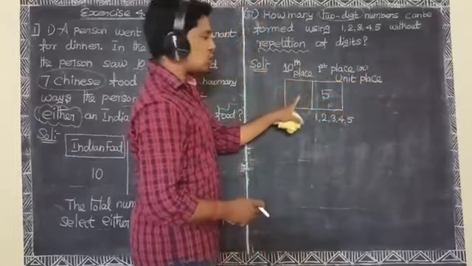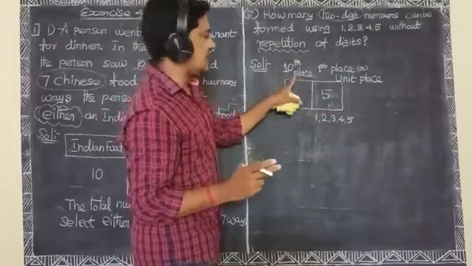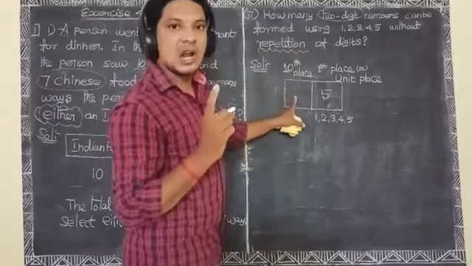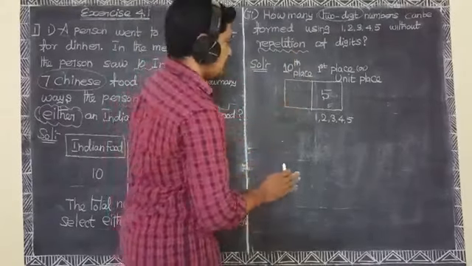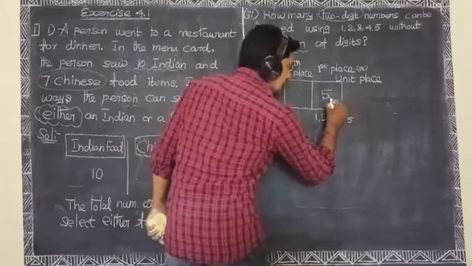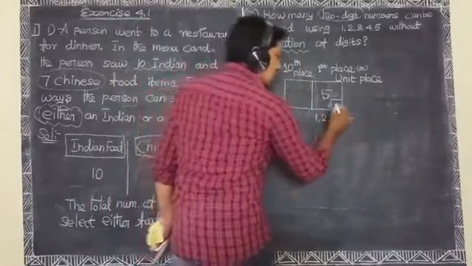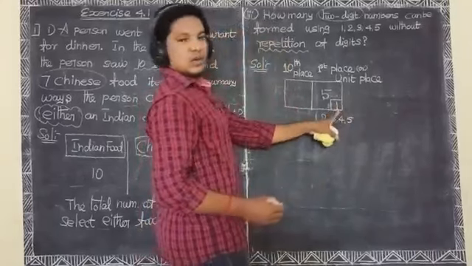Next, go to procedure 2, that is the 10th place. Without repetitions means the digits are allowed only once. Suppose the unit place used the digit 1.